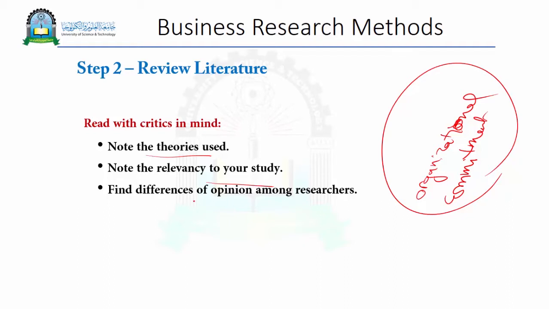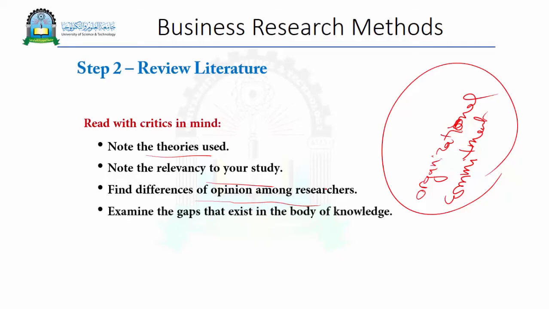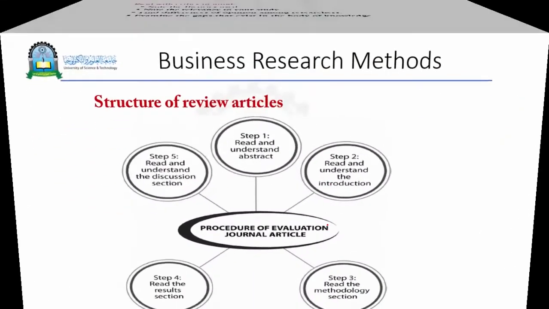So find differences of opinion among researchers. A lot of research gaps come from reading previous work and finding out the irregularities and differences and deficiencies between previous research papers. Then the last one is examine the gaps that exist in the body of knowledge. So this is how we review the literature.